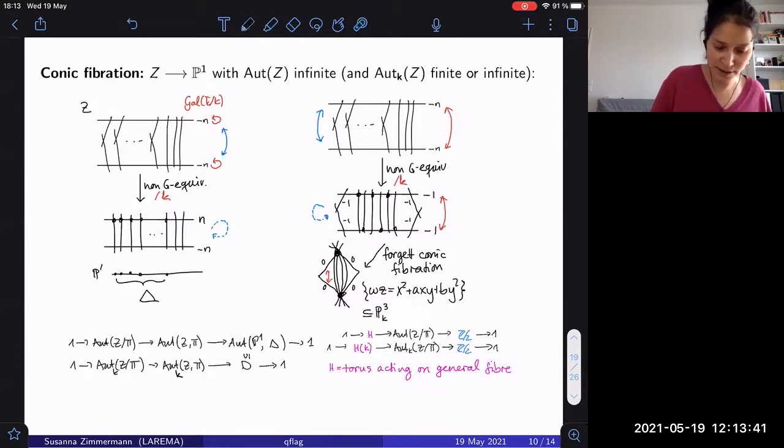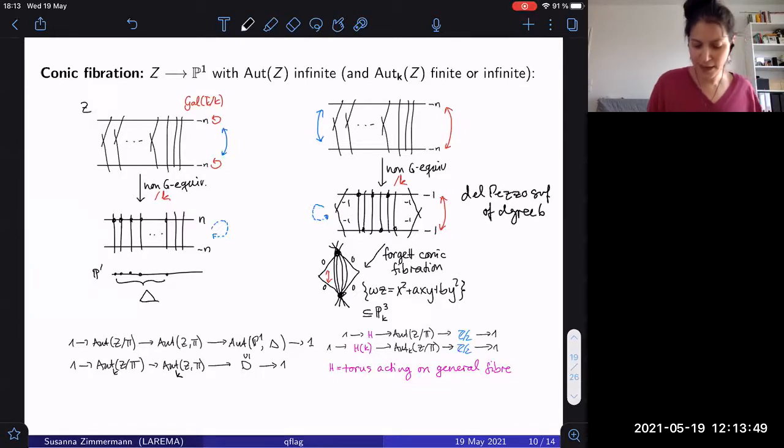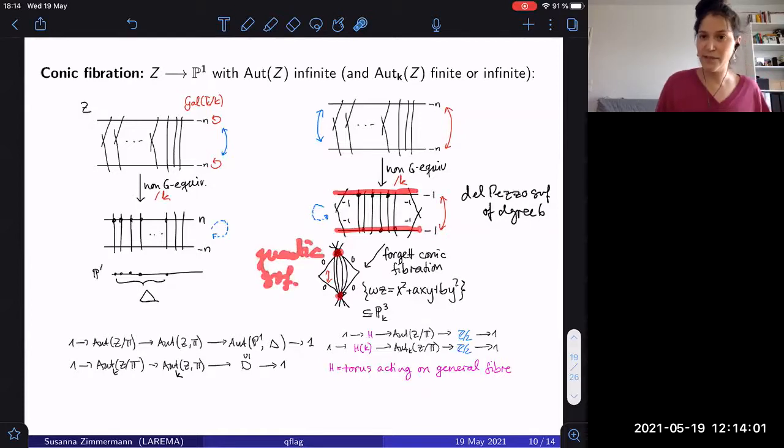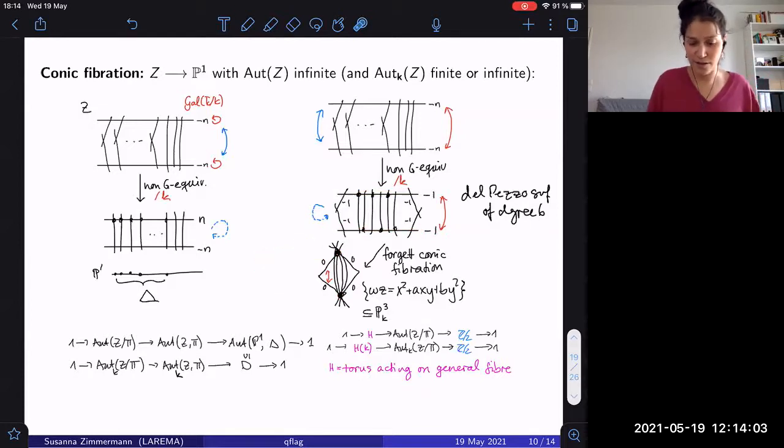So this is a Del Pezzo surface of degree 6. And you can contract the 2 -1 sections, which are conjugate, onto 2 points, and you will arrive on a quadric surface. And the fibration that you had here is just the 1-1 curves passing through the 2 points.